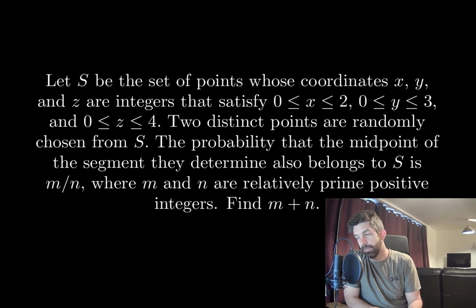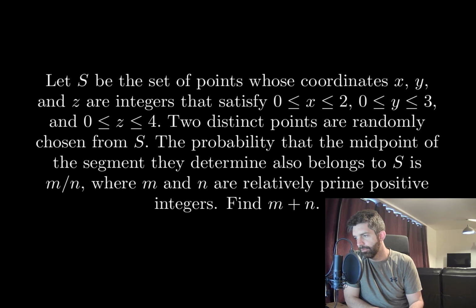Oh, you know what? Here's another thing to think about. If the midpoint of this segment is itself also a lattice point, then this property of the midpoint being in the set has to hold for each coordinate individually.